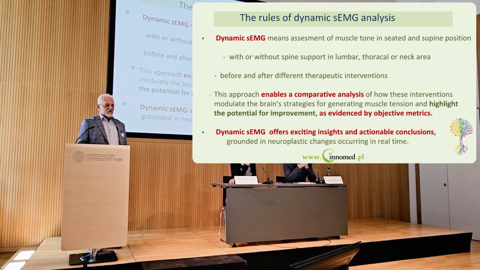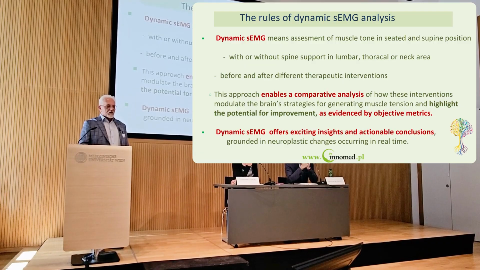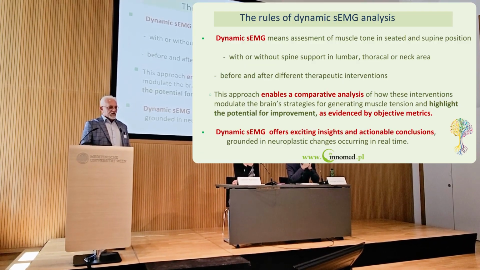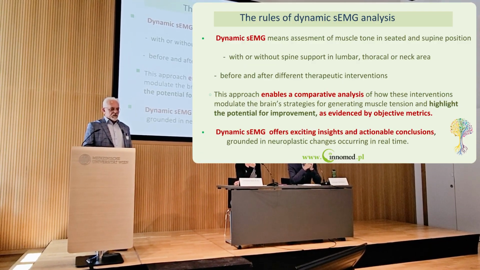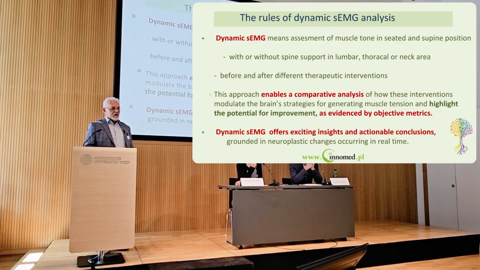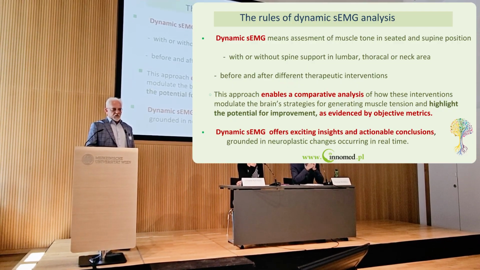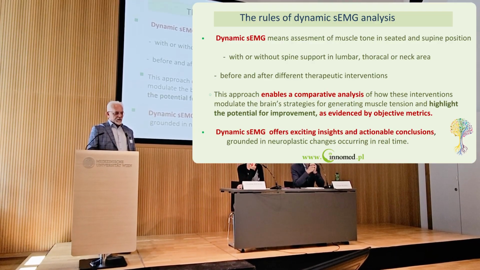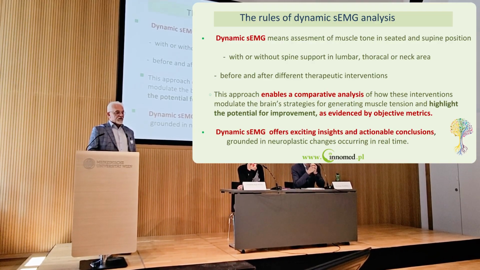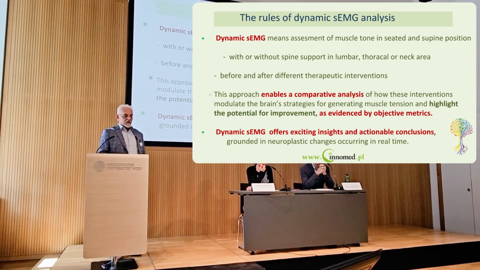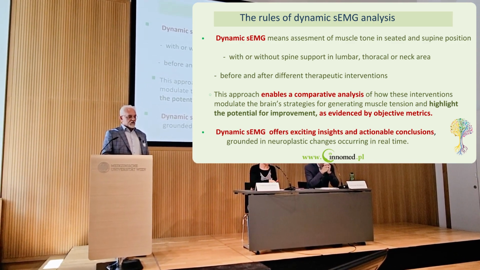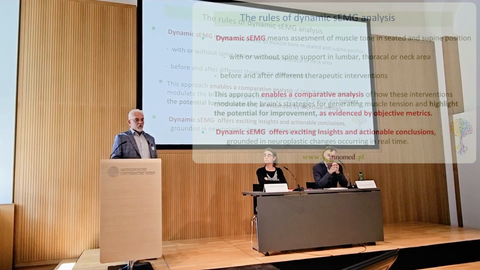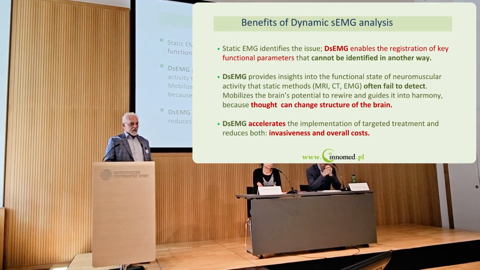This approach enables a comparative analysis of how these interventions modulate the brain strategies for generating muscle tension and highlight the potential for improvement, as evidenced by objective measures. Dynamic sEMG offers exciting insights and actionable conclusions grounded in neuroplastic changes occurring in real time.